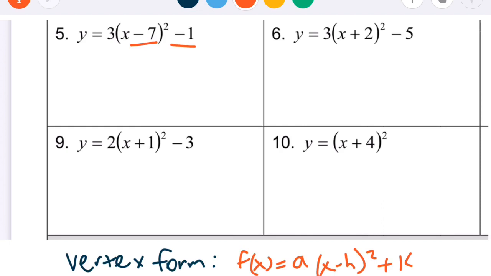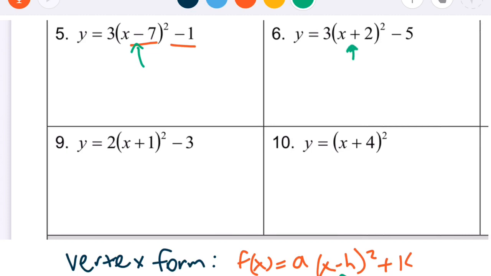Now, if you notice, we talked about how this is always a subtraction sign. So we have a subtraction sign as well in number 5, but the number that we plug in for h is just going to be 7, because that subtraction sign is just part of the equation. It's going to be a little bit different when we get to number 6, because that's a plus sign.